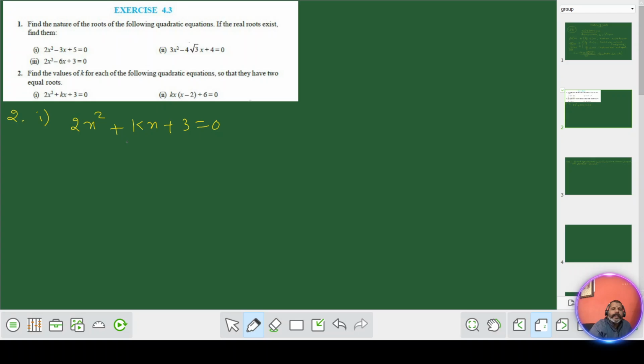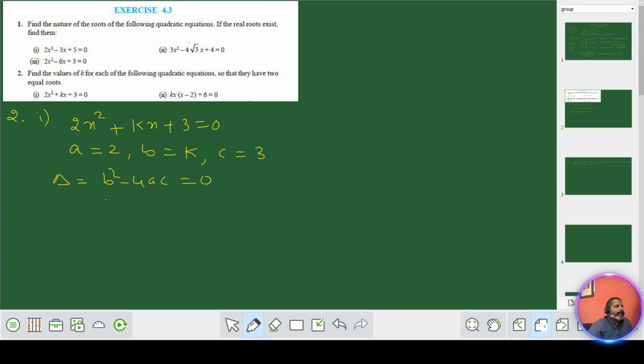On comparing it with ax² + bx + c, we get a is 2, b is k, c is 3. Remember, the x coefficient is k, which is b here.